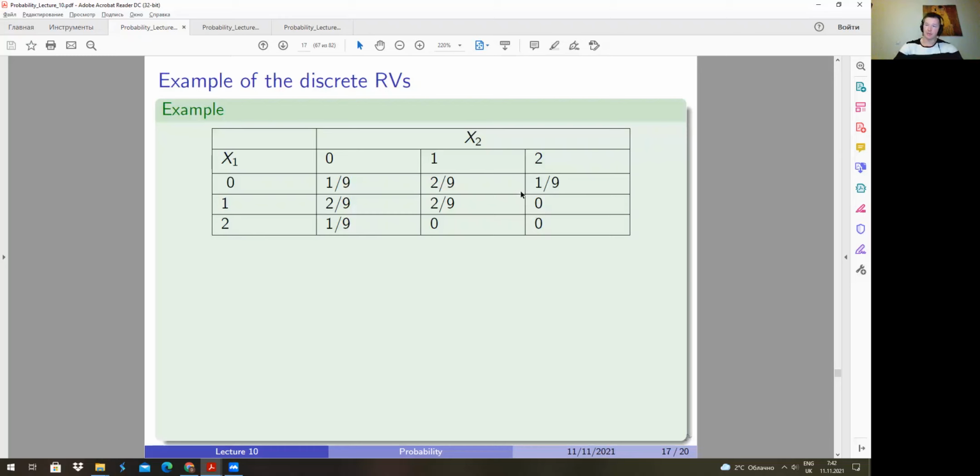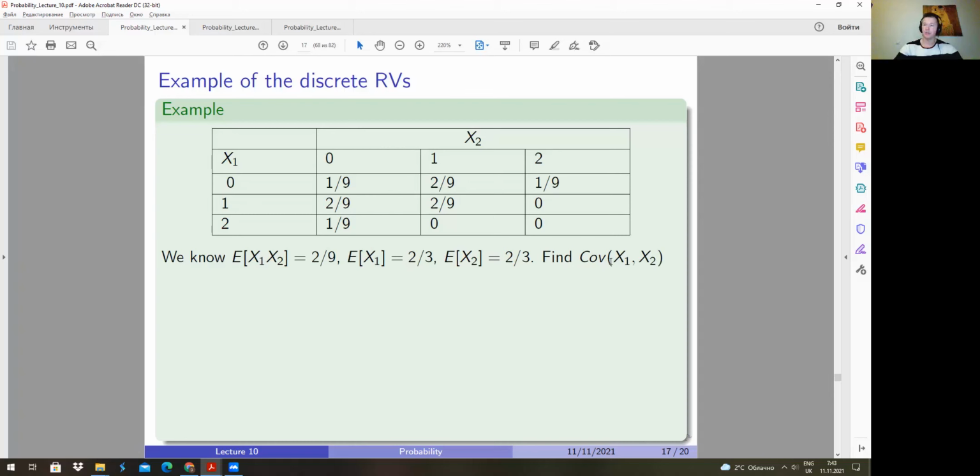So let's see how we can calculate the covariance in the case of discrete random variables and in the case of continuous random variables. What do we know? We know that the expectation of x1, x2 is 2 over 9, the expectation of x1 is 2 over 3, and the expectation of x2 is also 2 over 3. We want to find the covariance of x1, x2.